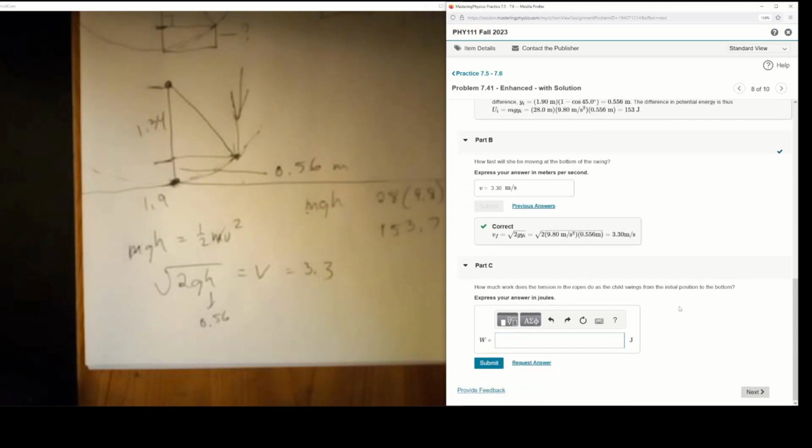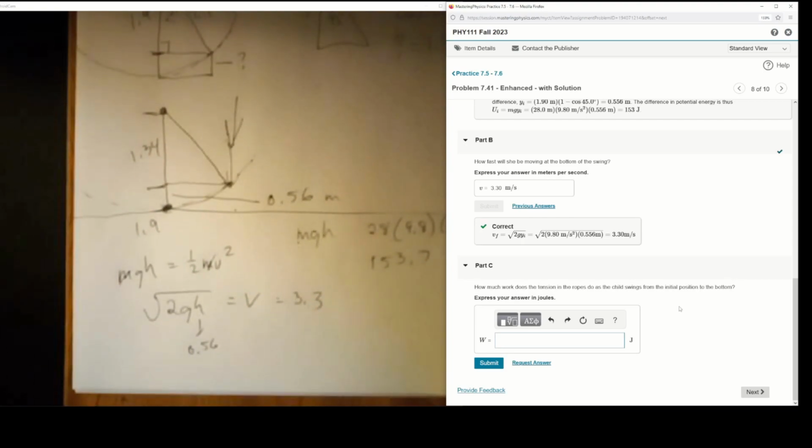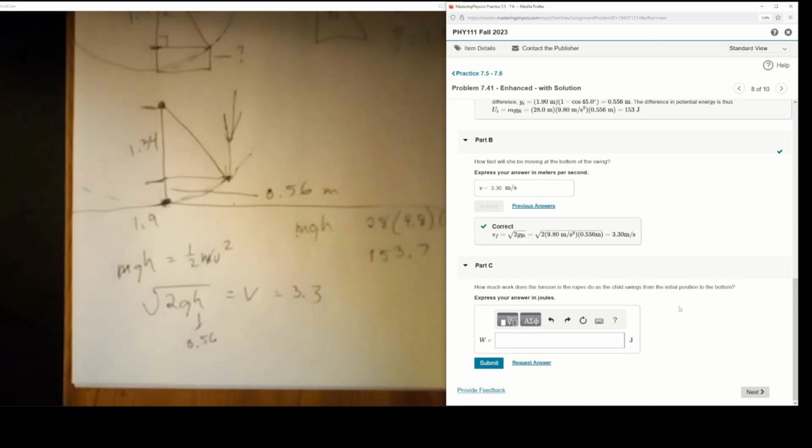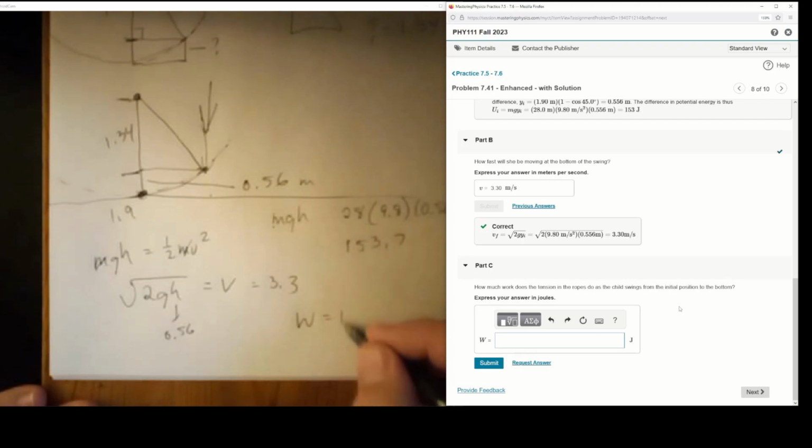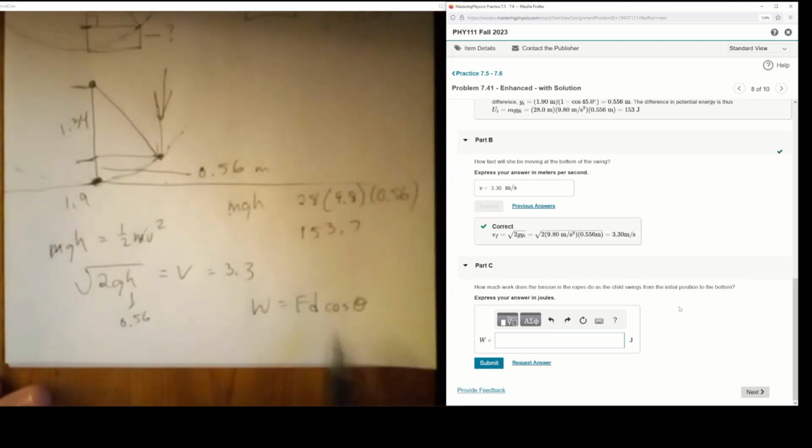And part C says, how much work does the tension in the rope do as the child swings? Okay, well, that's being a little tricky. So if you can remember back to work is force times distance, cosine of the angle between them.